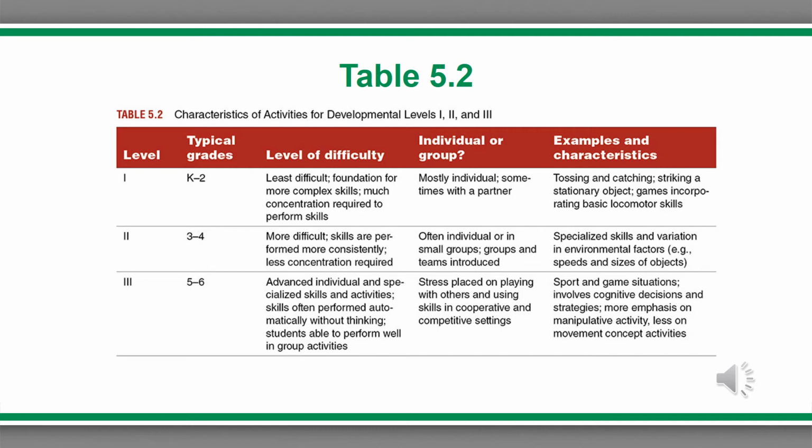You're mostly going to do individual activities for developmental level 1. Then progressing to individual and small groups. And then for development level 3, your fifth graders being able to play the games with the others, strategy and such. And then they give some examples of some characteristics: tossing and catching, specialized skills, sports and games.